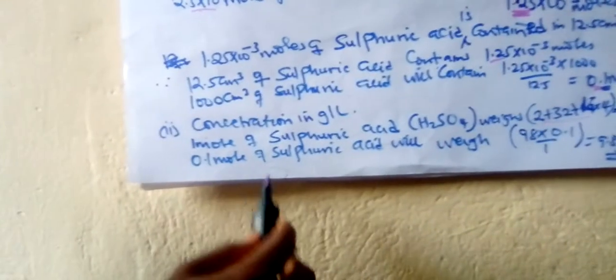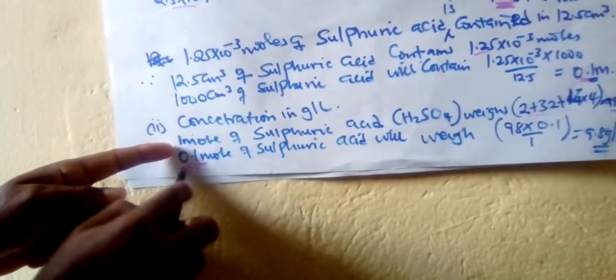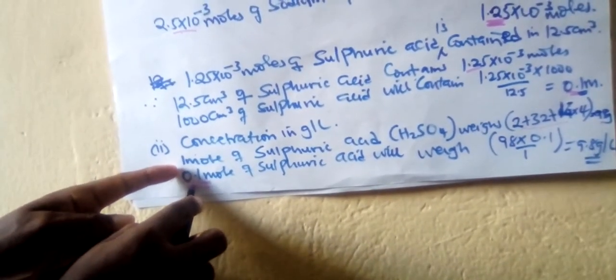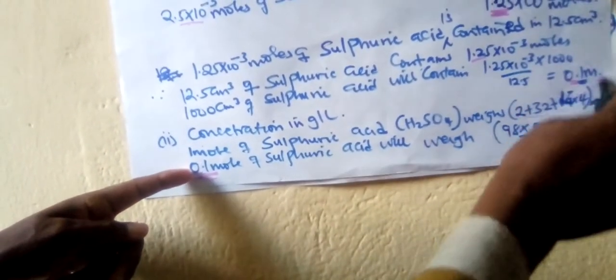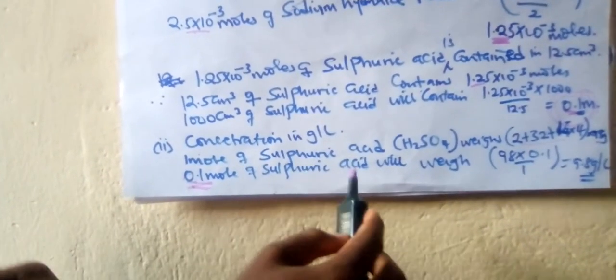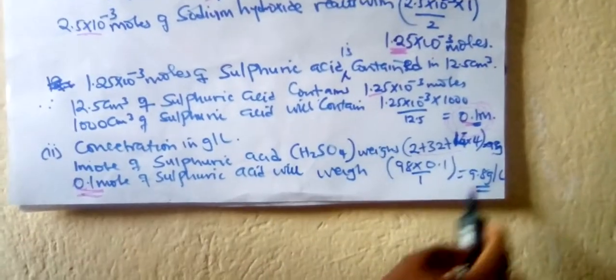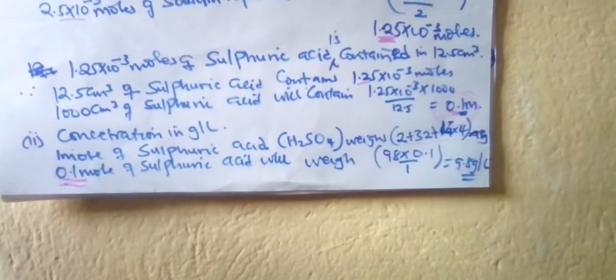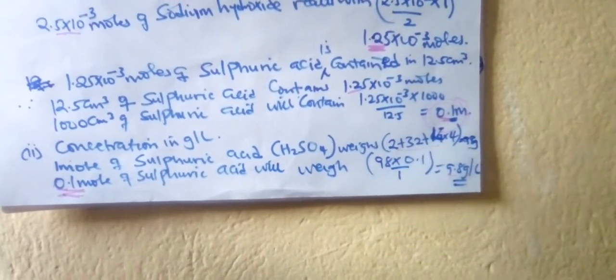Then 0.1 mole. Where does the 0.1 mole come from? It comes from the molarity of sulfuric acid. 0.1 mole of sulfuric acid will weigh, we get the mass equivalent to 0.1 mole, and that will be grams per liter, and that is the concentration in grams per liter.